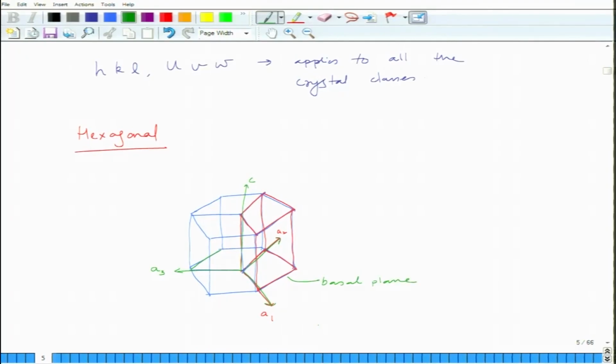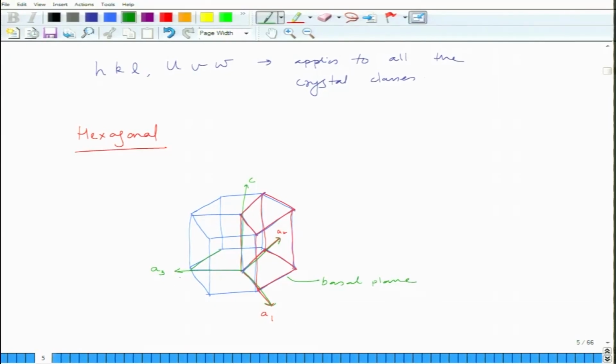Now we can see, if instead of taking this small unit cell as the hexagonal unit cell, we take the big hexagonal cell as the unit cell, then we can conveniently choose a 4 axis system where A1, A2, A3 are 3 axes within the basal plane and C is the axis which is out of the basal plane.